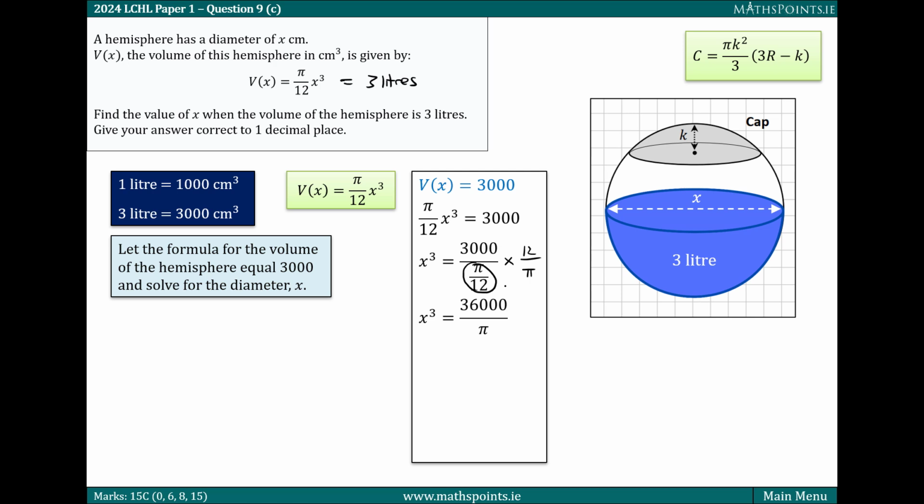And 3,000 times 12 is 36,000, and then we're dividing by pi. So x cubed is equal to 36,000 over pi. So x is going to be the cube root of 36,000 over pi. And then obviously we throw that into the calculator, and we get 22.545. And then always read the question carefully again. This says give your answer to 1 decimal place. And so x is equal to 22.5 centimeters.